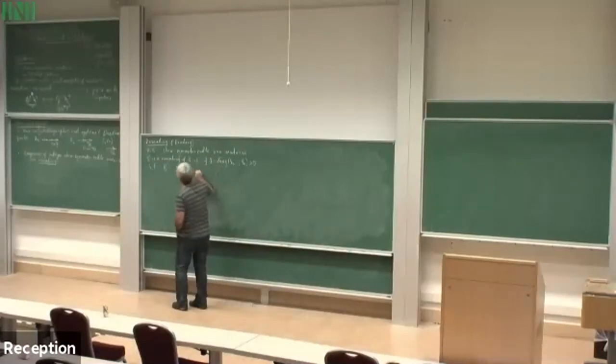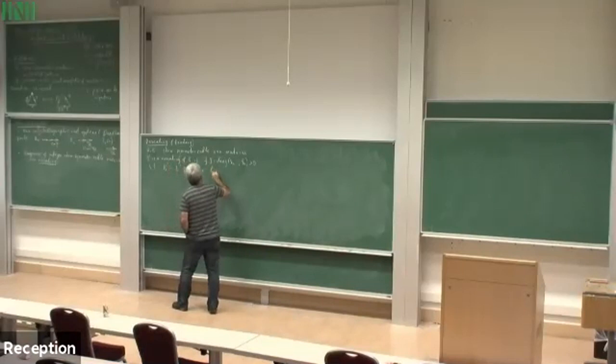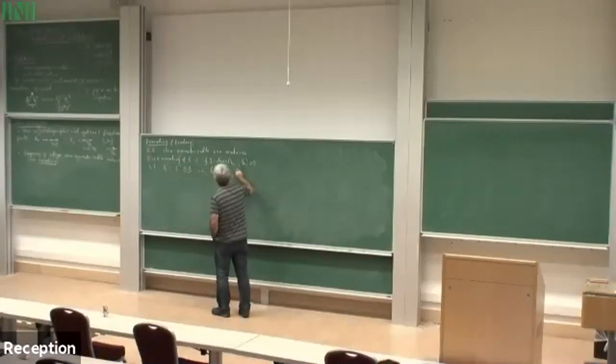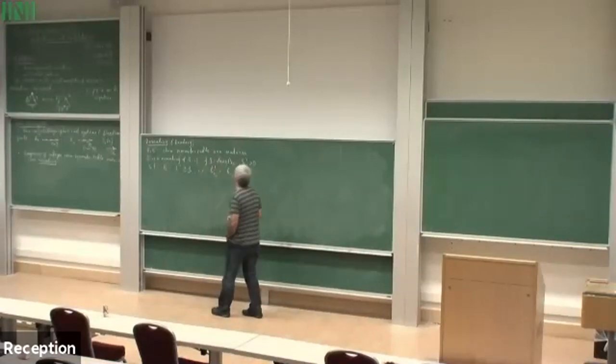So that B prime ij is equal to B ij multiplied by Sj and divided by Si.